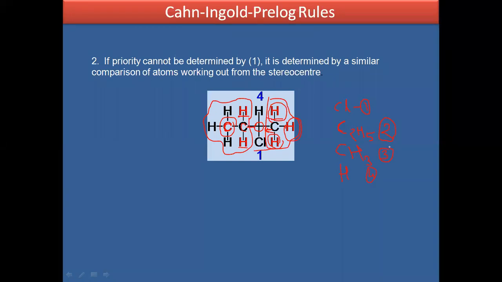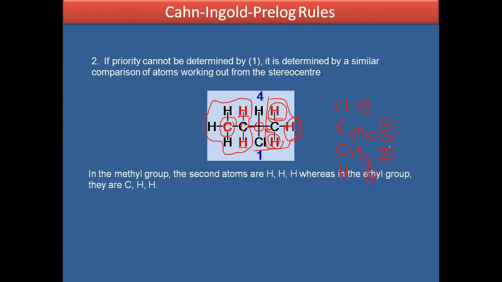Implementing the first rule, if the atomic number is the same, then move to the adjacent atoms attached to the atoms directly attached to the asymmetric center. In this example, for the methyl group the second atoms are hydrogens, whereas for the ethyl group the second atoms are carbon and two hydrogens.